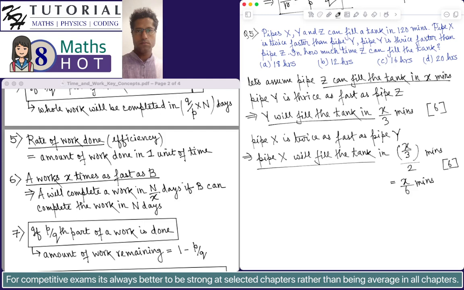that Z can fill the tank in x minutes, Y can fill the tank in x by 3 minutes, and pipe X can fill the tank in x by 6 minutes.